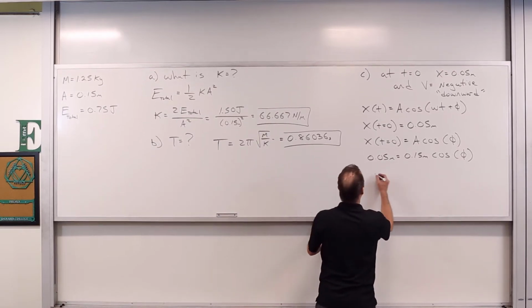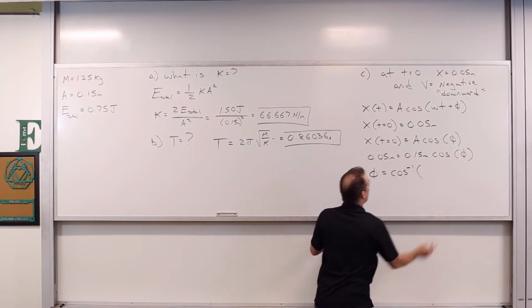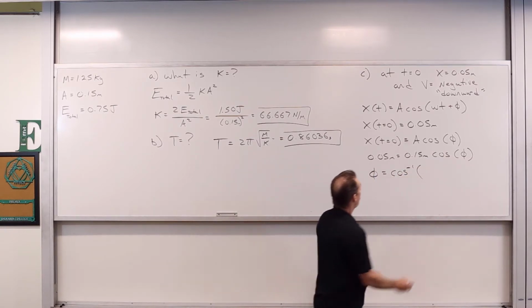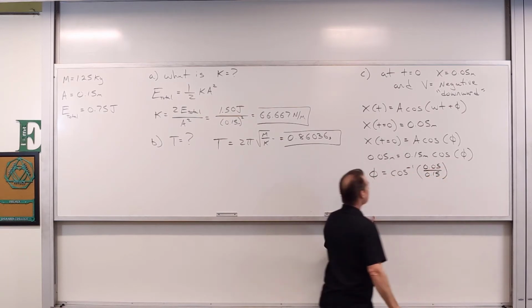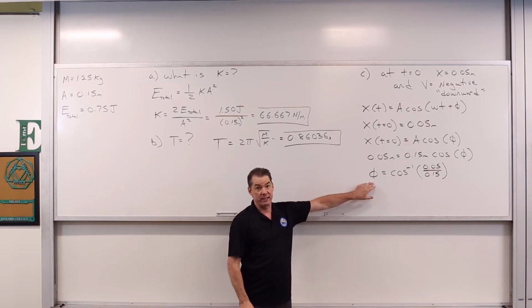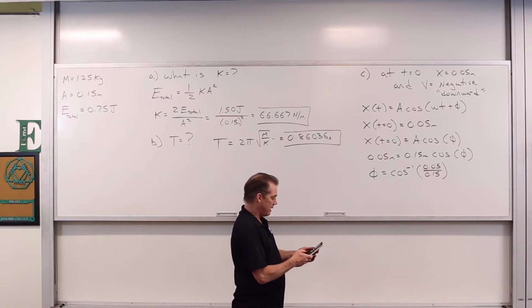So we can get that phi is equal to arc cosine of 0.05 divided by 0.15. Phi is in radians, so our calculator's got to be in radians. So what do we get out of it? Calculator's in radians, yes.